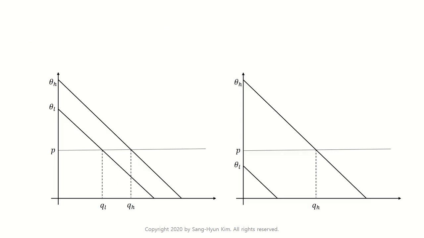Here is a graphical illustration of what I just said. On the left-hand side you see the situation where theta L and theta H are not very different. In this case, for a given price below theta L, both consumers make some positive amount of purchase in equilibrium. On the right, you see the situation where theta H and theta L are very different.